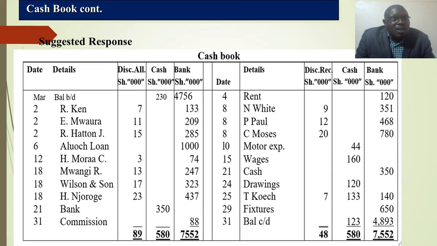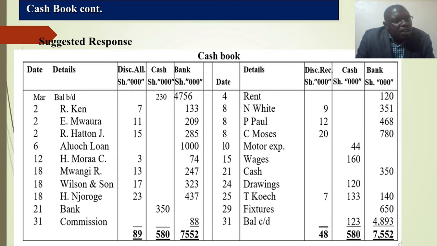So the amounts there, as you can see, they are indicated in thousands. So for purposes of fitting into that table, we have them in thousands. That's why I've read that figure as 230,000, and the other one as 4,756,000 because of the 3 zeros up there indicating that the amount is in thousands.